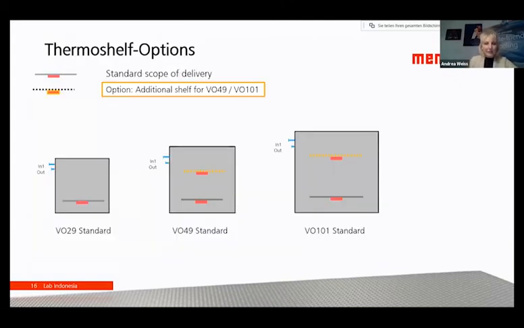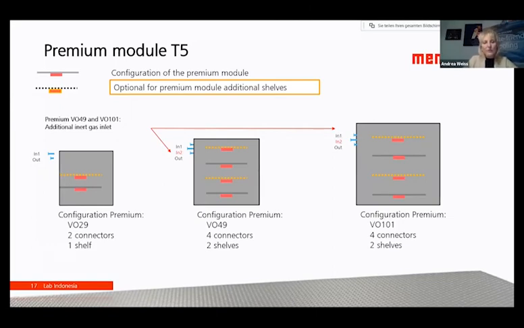And here, let's have a look to the standard, one shelf or two shelves included in the standard product. So that means VO29, one connector, one shelf, VO49, two connectors, one shelf, VO101, two connectors, one shelf. Or a premium model, we can even place in here more shelves because the unit comes with more connectors.